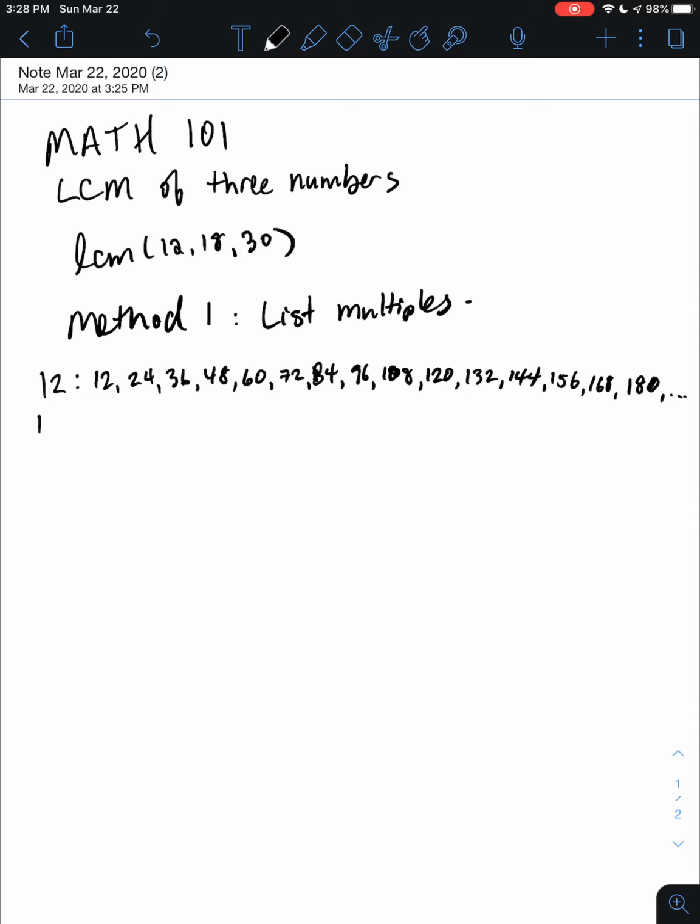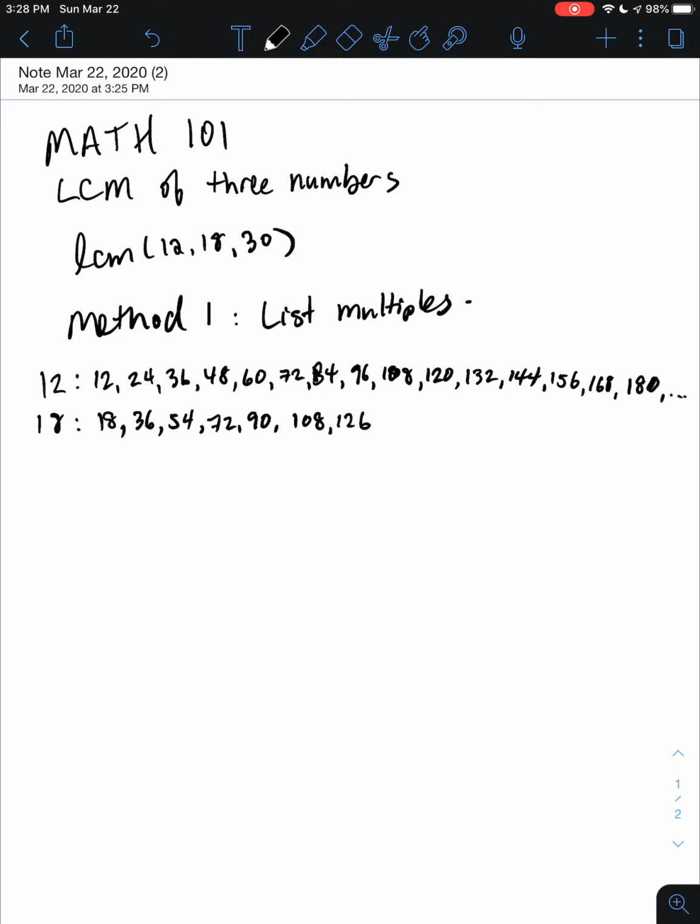Let's see, 18. I have a little harder time making my 18 times table, but let's give it a shot. 18, 36, 54, 72, 90, 108, 126. Yes, is that right?